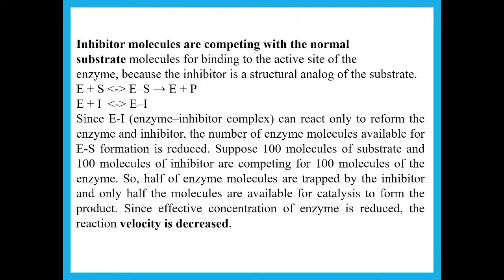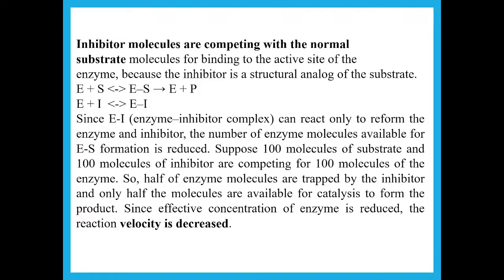Enzyme plus substrate gives the enzyme substrate complex, and the enzyme substrate complex will ultimately go on to give the products. So, enzyme plus substrate reacts in the presence of a catalyst or a non-catalyst with some activators or modulators to give the product. Since the enzyme inhibitor complex can only be used to reform the enzyme and inhibitor, the number of enzyme molecules available for the enzyme substrate formation is reduced.